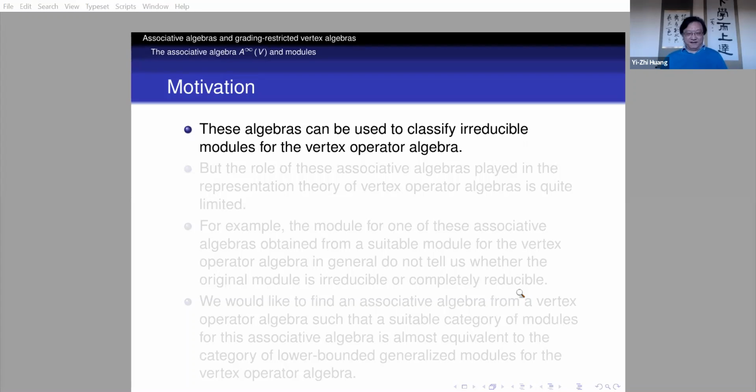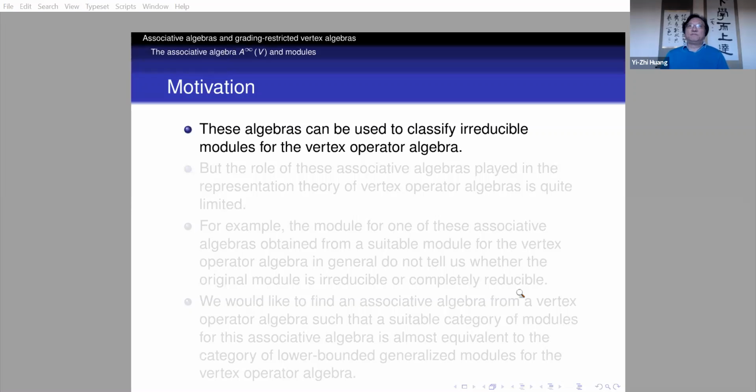But one of the main problems is that we have to prove that every such lower bounded generalized module, even for rational theory, is completely reducible and so on. This is something for which you cannot use the Zhu algebra.